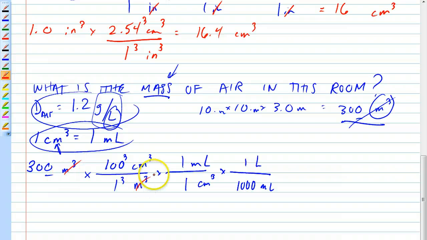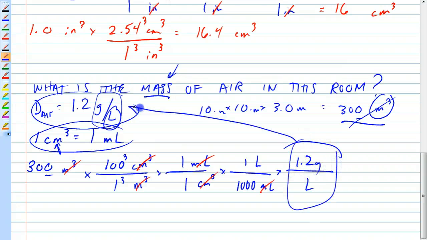Cubic meters gone. Cubic centimeters gone. Milliliters gone. Grams, 1.2 grams per liter. This is the air now, okay? This is the density. Up until this point, we haven't even cared what substance we're talking about. We've just been calculating the volume of the room. Now is when we switch over and we start to think about what this stuff is, right?